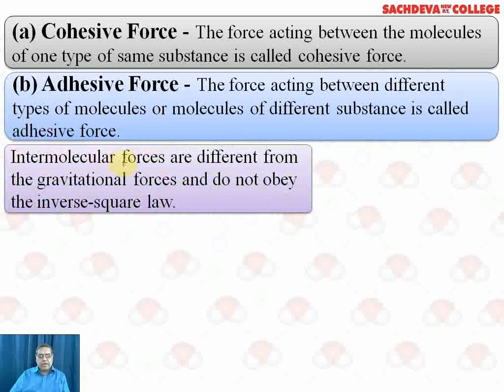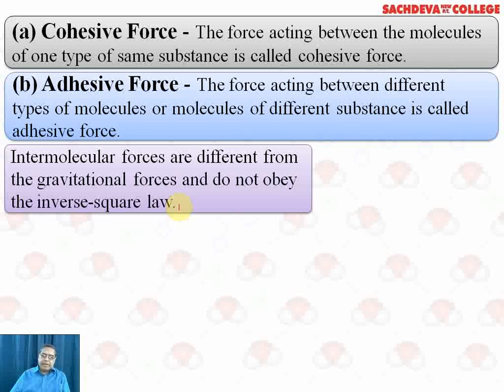Intermolecular forces are different from gravitational forces and do not obey the inverse square law. When we use the term gravitational force, it is among celestial bodies. We find that gravitational forces are directly proportional to the product of masses and inversely proportional to the square of the distance between those masses.